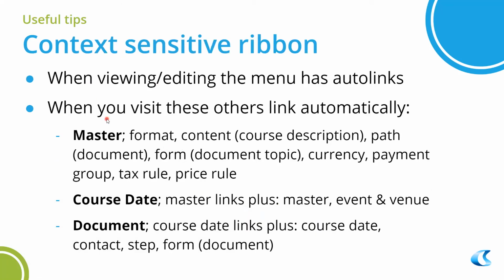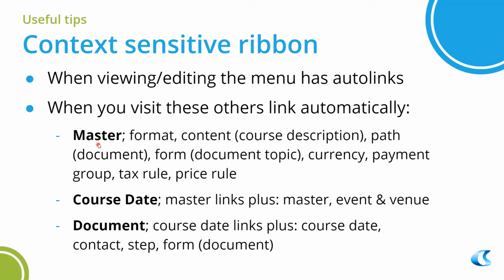Now, keep in mind the ribbon, that's the navigation area at the top, is context sensitive. So what that means is that when you're viewing a particular record or editing a record, the menu has these auto links that go directly to other records that are relevant to what you're currently editing.